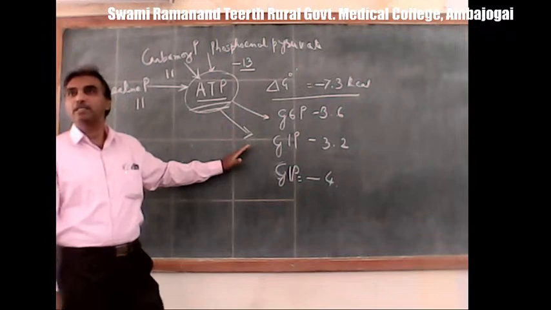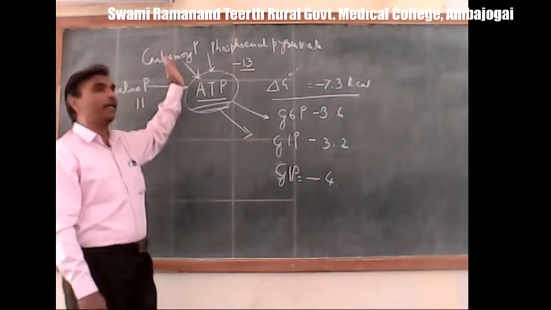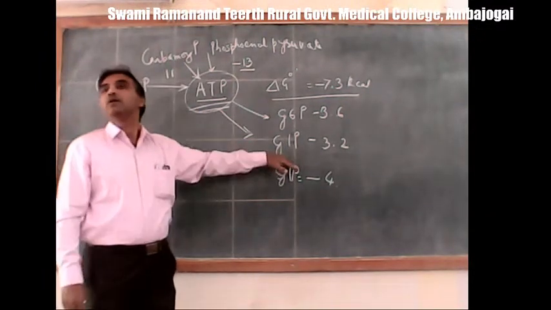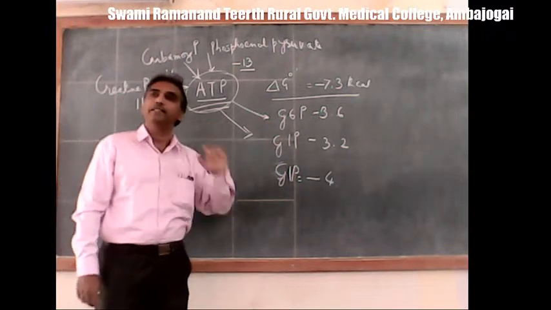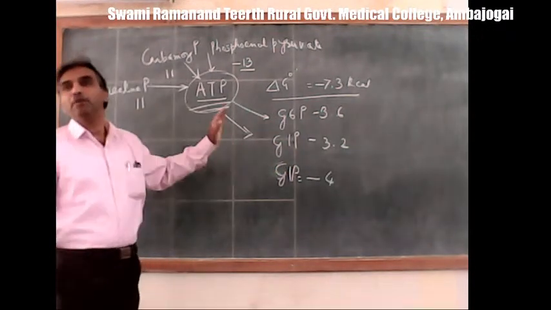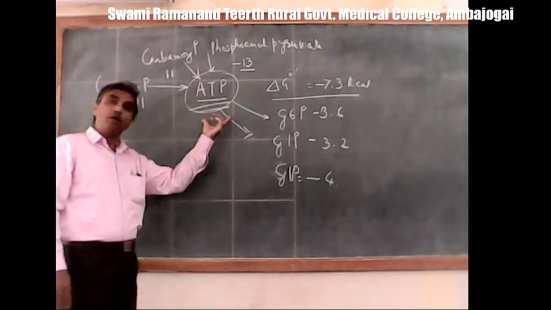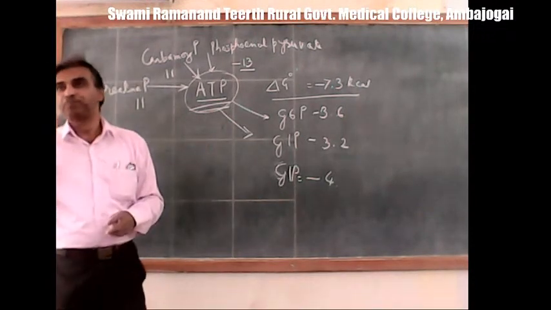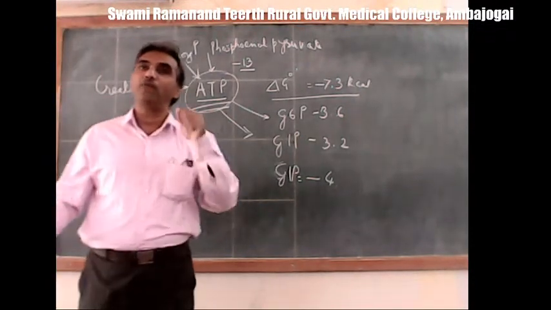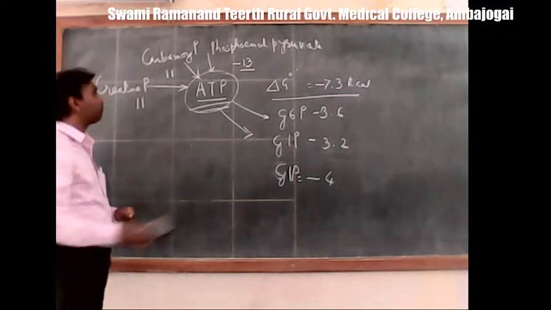So it is not necessary for all the reactions to carry these higher energy compounds nearer to the lower energy compounds. It can be done with the help of ATP. So this is the metabolic importance of adenosine triphosphate.